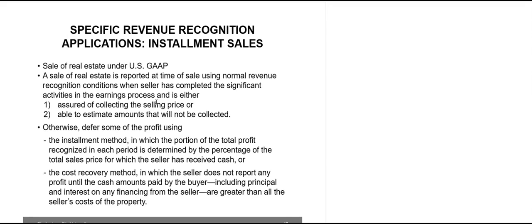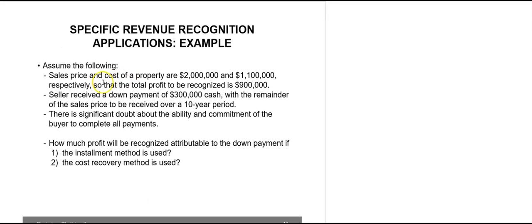Note that the cost recovery method is similar to the revenue recognition method under International Financial Reporting Standards described earlier, when the outcome of a contract cannot be measured reliably, although the term cost recovery method is not used in the international standard. Here we have an example.